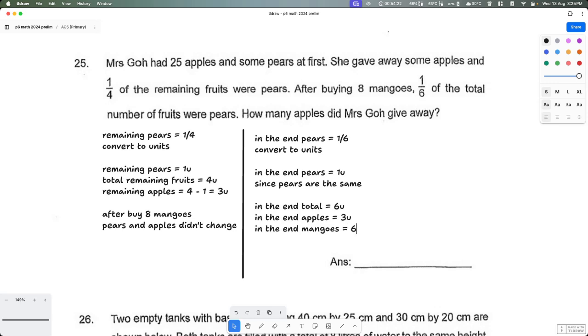So for the mangoes, 6 minus 3 minus 1 is equal to 2 units.